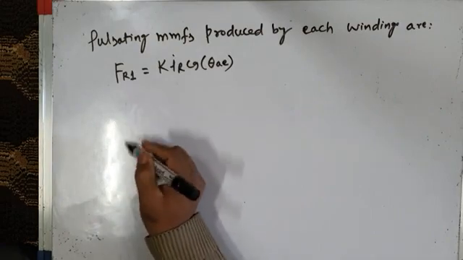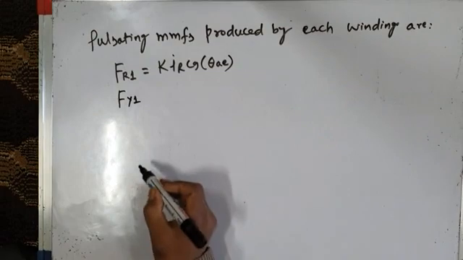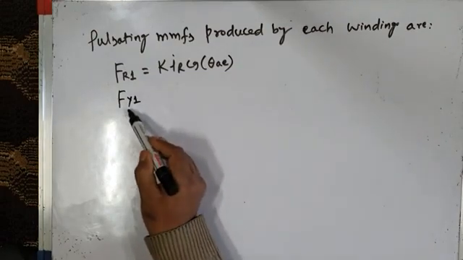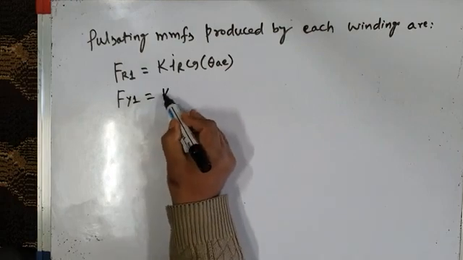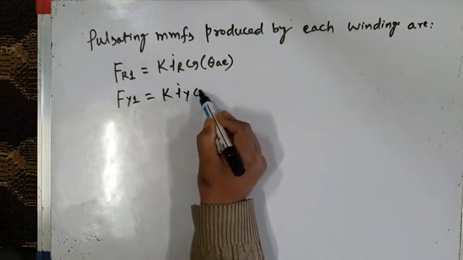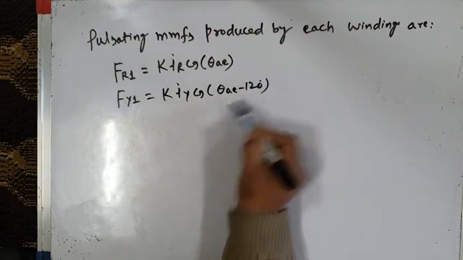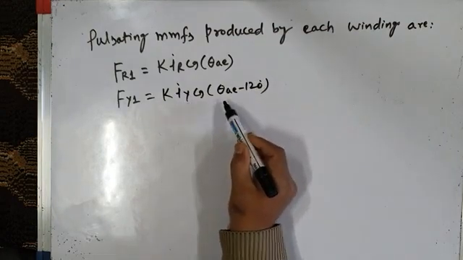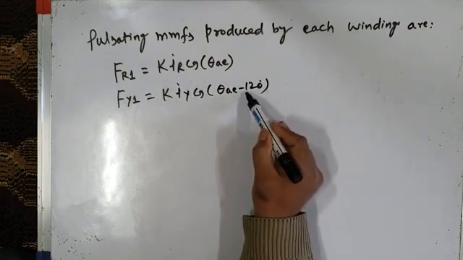That will also produce a pulsating magnetic field whose fundamental component, the pulsating MMF produced by Y phase winding, is given by K into IY cos of theta AE minus 120 degrees, because Y phase winding is displaced with respect to R phase winding in space by 120 degrees.